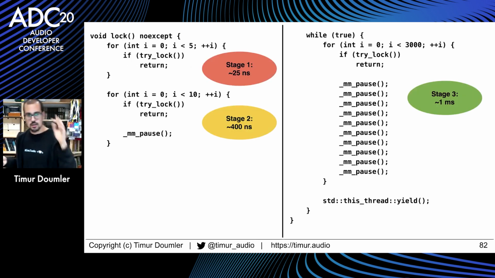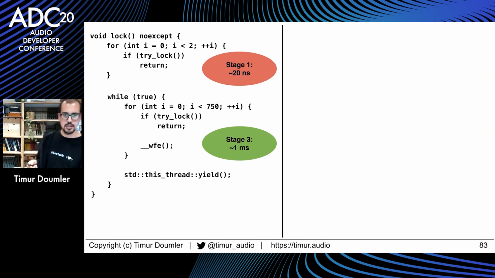So we had these 3 stages on Intel. It turns out that the second stage, which has this shorter wait, we can't really implement on ARM because we don't have this short pause instruction there. We have this longer wait. But what we can do is just skip the middle stage and have these 2 stages. One is just the spin lock, where we spin a couple of times, and then we drop into this loop where we just do this WFE, which is this low energy wait effectively, if you don't get these signals from anywhere.